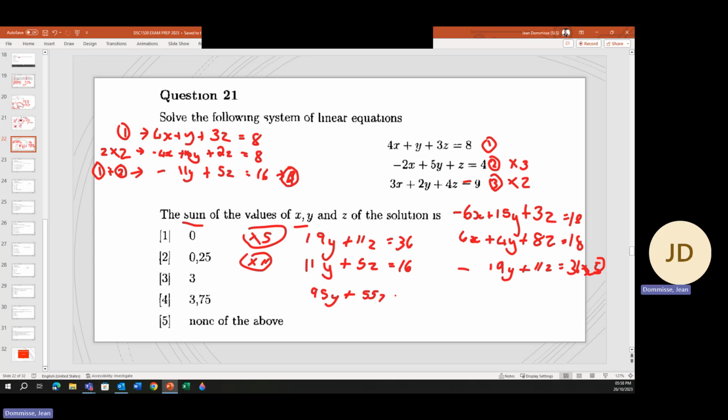I will just check later on if it is really not a different way. Gives you 180. Then times 11, so 11 times 11 is 121y plus 55z equal to 16 times 11, which is 176.